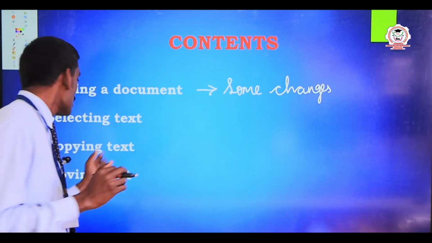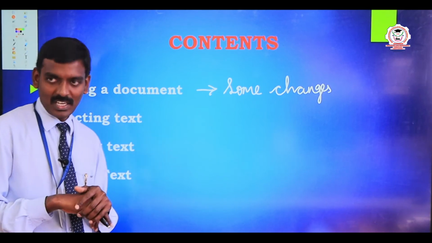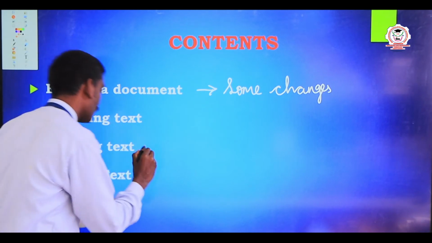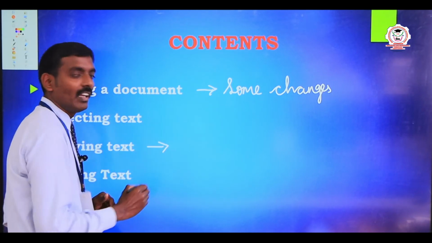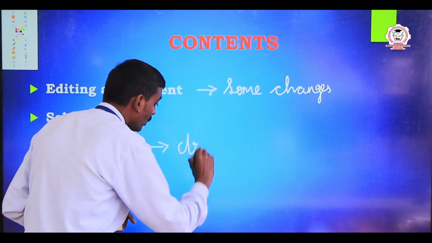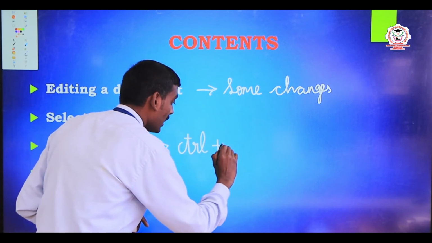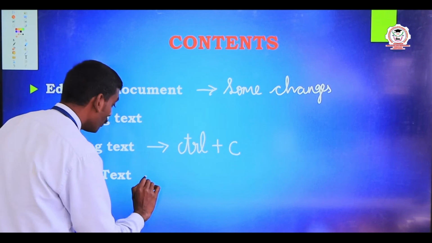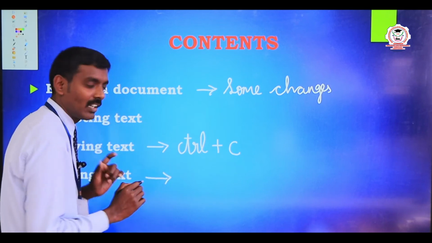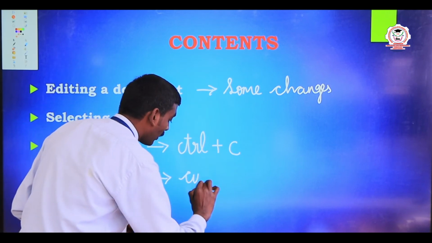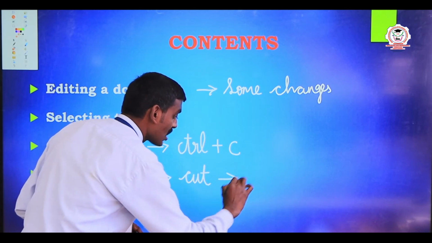What are the shortcuts we use? For copying a text, yeah, very good, Control plus C. And moving a text, that is cut. Moving a text means cut. What is the shortcut?